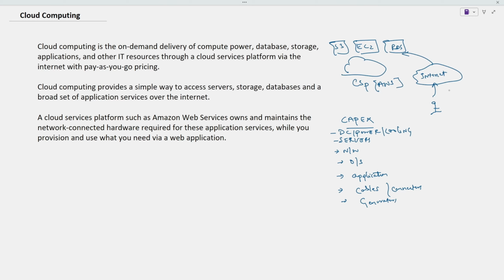So all these components are required for the maintenance of the data center. So that is where we have this capex.